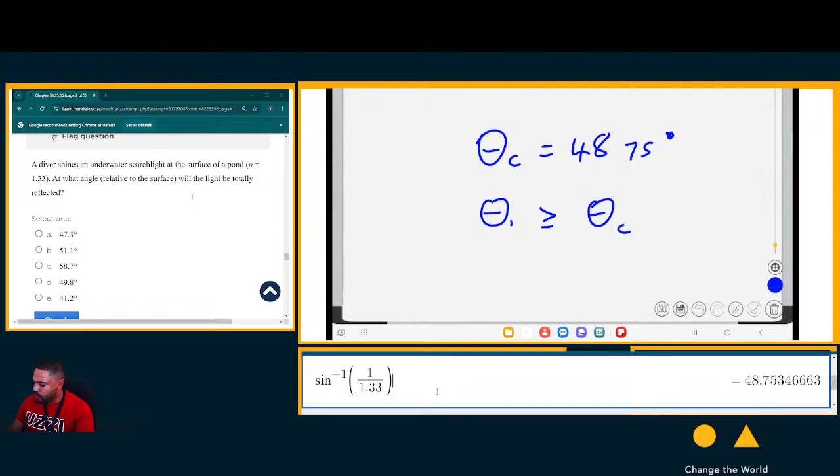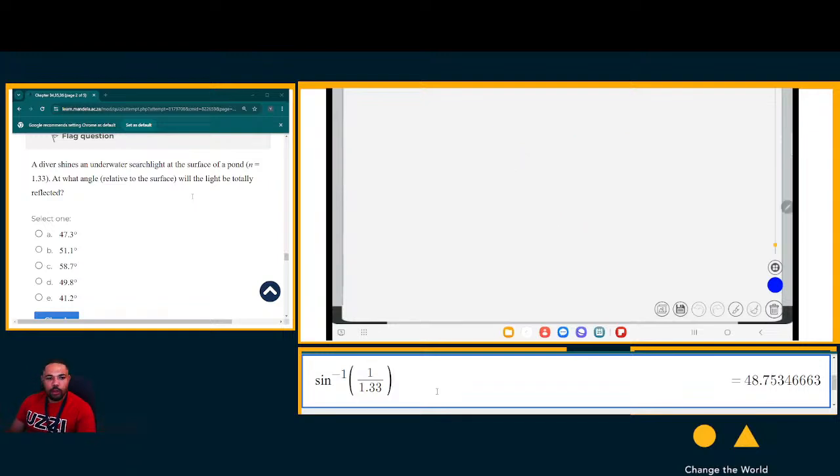Can't be 48. Let me just check my math. Oh yeah, sorry, it's 1.33. The critical angle should be theta equal to the inverse sine of 1 divided by 1.33.